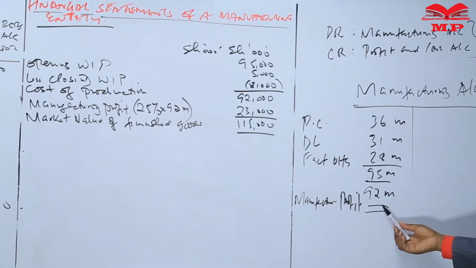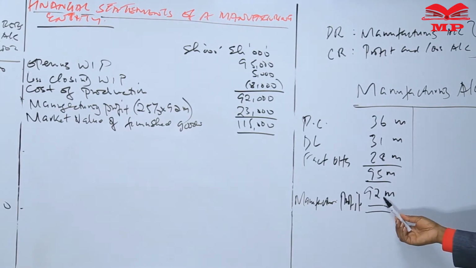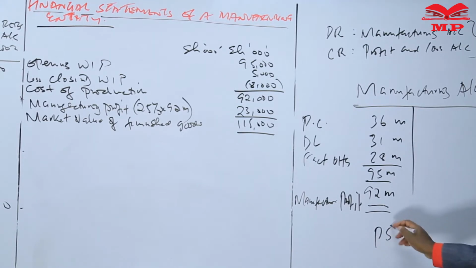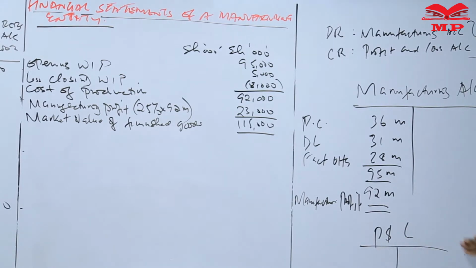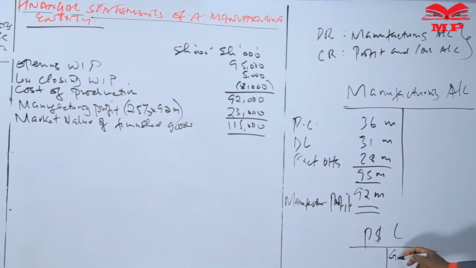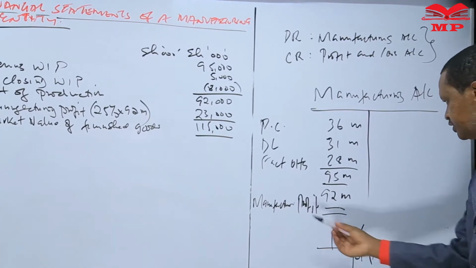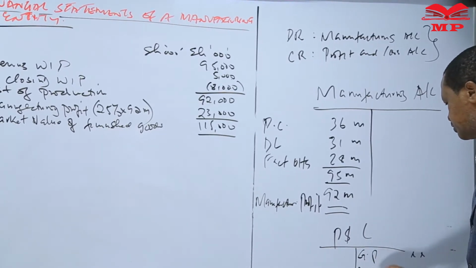The manufacturing profit is debited on this account, and the double entry will be to credit the profit and loss account. So below the other incomes, like the gross profit, we'll have the double entry, manufacturing profit.